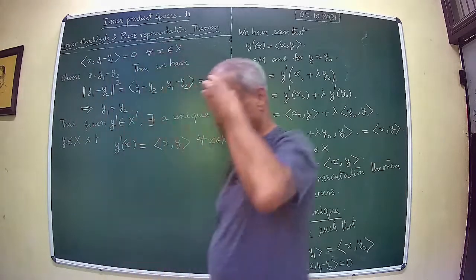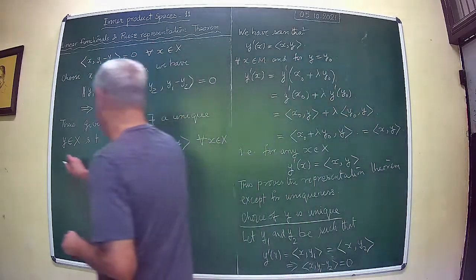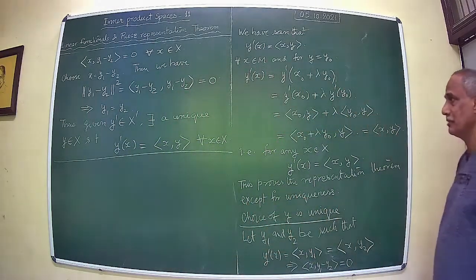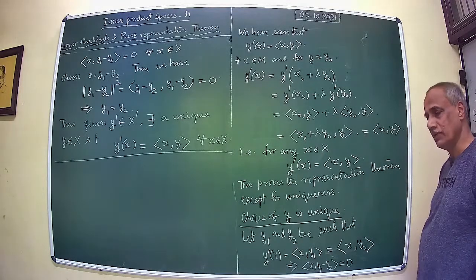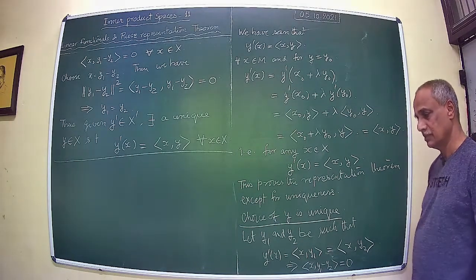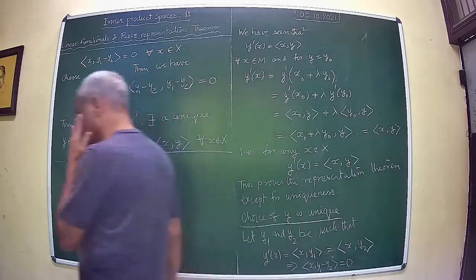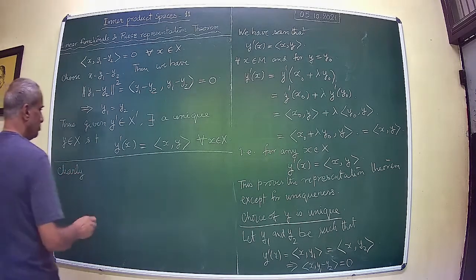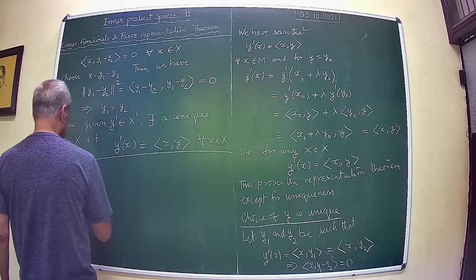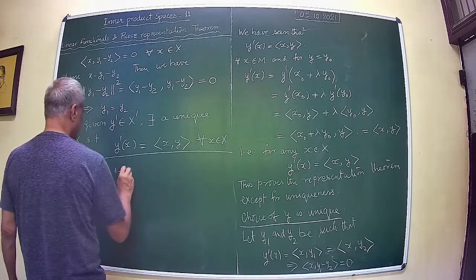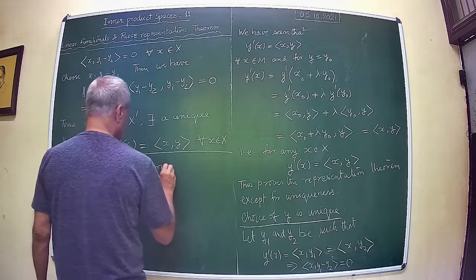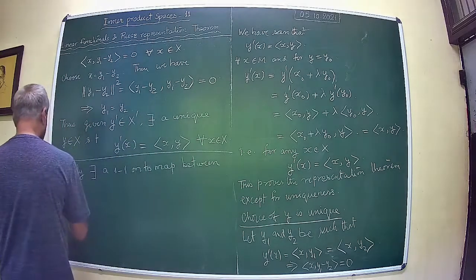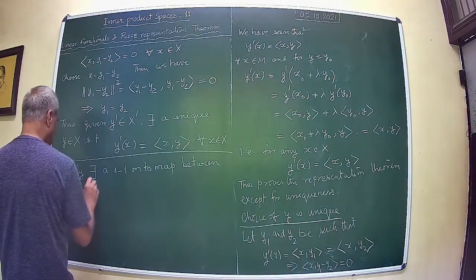Now we look at further aspects of this. One thing I said in the beginning is that on X you have an inner product structure. What about Y prime? So you see that clearly there exists an x prime.